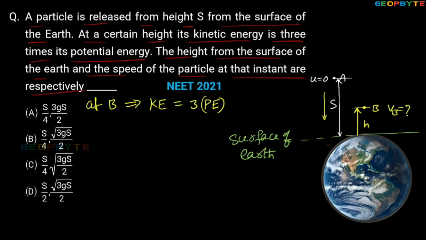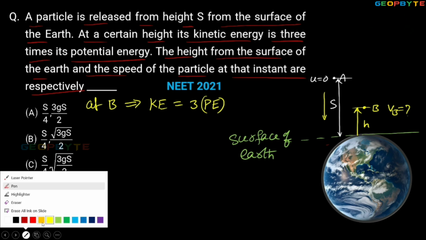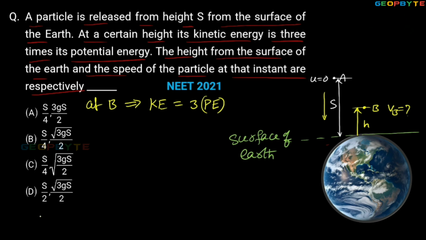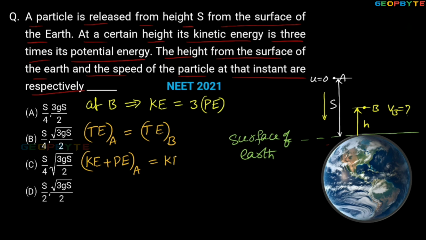That's the question. For that, the work energy theorem says that total energy remains constant. That means total energy at A must be equal to total energy at B. Total energy means kinetic energy plus potential energy at A must be equal to kinetic energy plus potential energy at B. But the particle is initially at rest, so kinetic energy at A equals 0.